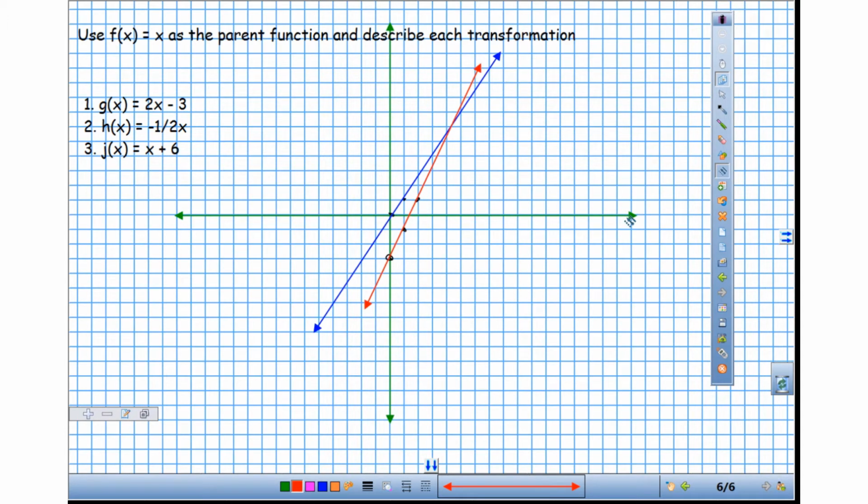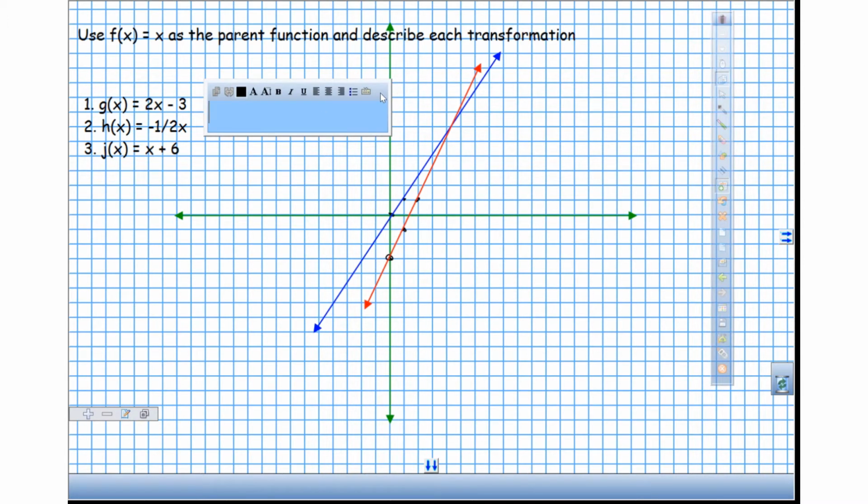Okay, so how is this red line changed? Well, as I discussed earlier, if I change the b, which I did, it's going to shift vertically, right? And if I change the slope, which I did, it's going to rotate. So to describe this, it has rotated, right?